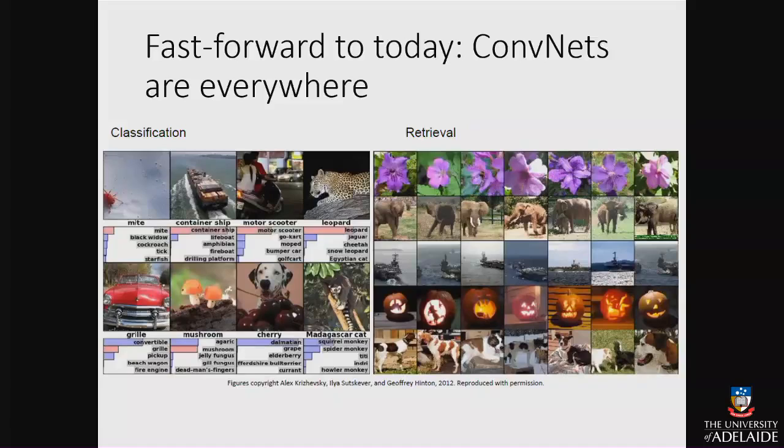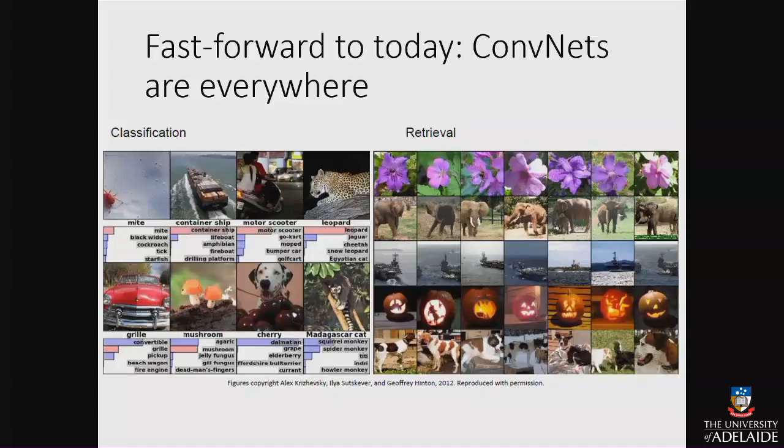For example, there is a dog, mushrooms, car. So we just want to know the class label of the object that appeared in the image. And for the image retrieval problem, the first column is the input image, and we want to retrieve similar images from the database, right?